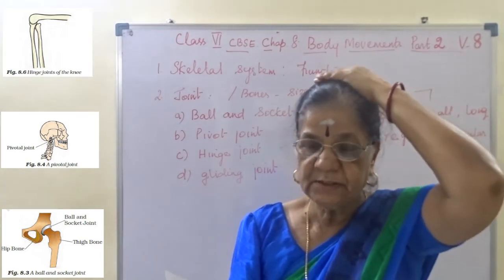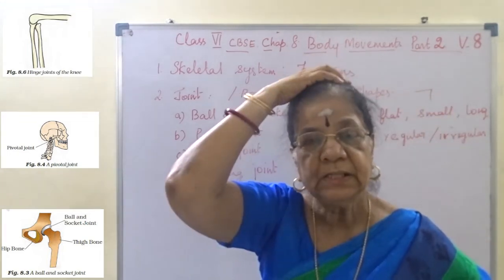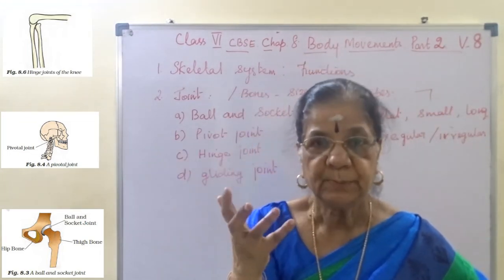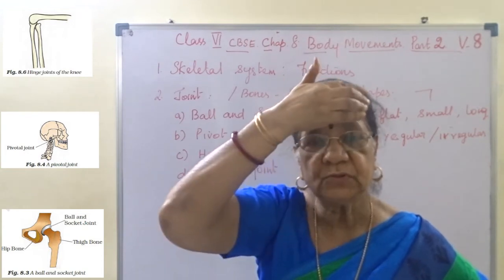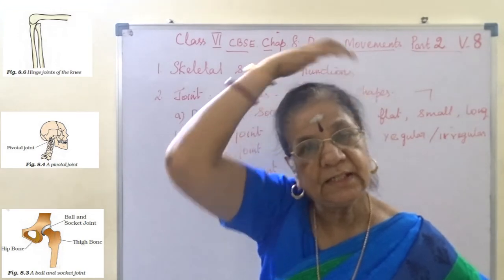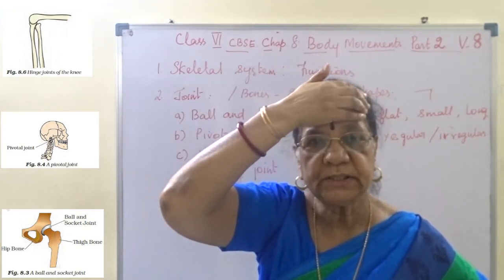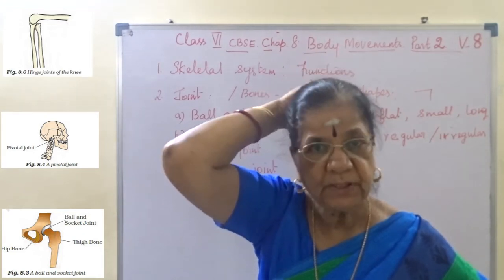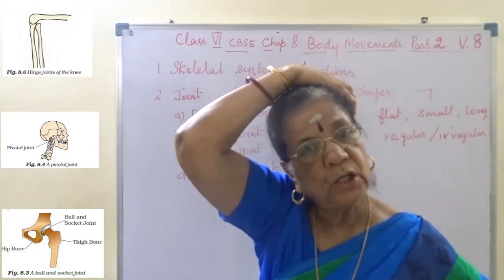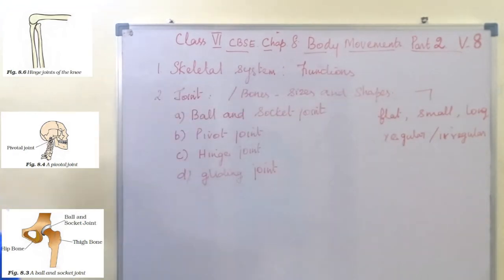The skull cranium is formed of frontal, temporal, parietal and occipital, 4 flat bones. The forehead region and the frontal, temporal, parietal, occipital, and they are attached to each other.